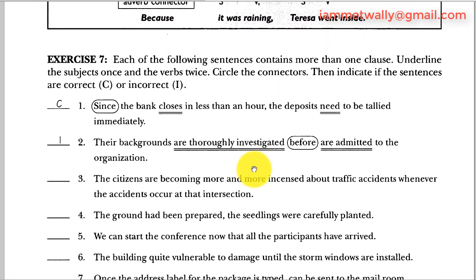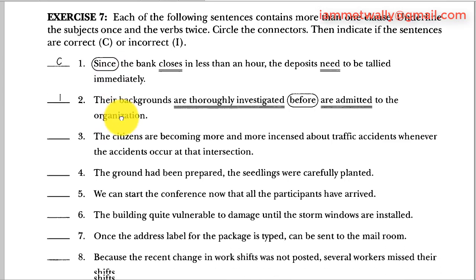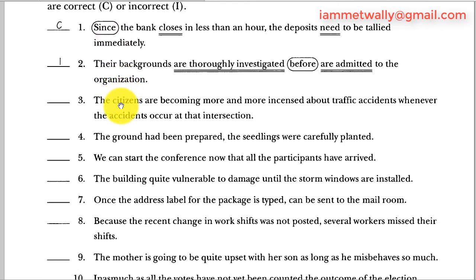Now let's go to the exercise. Exercise 7. Each of the following sentences contains more than one clause. Underline the subject once and the verb twice, circle the connector, then indicate if the sentences are correct, C, or incorrect, I. 1 and 2 are already solved, so let's go to 3. The citizens are becoming more and more incensed about traffic accidents whenever the accidents occur at the intersection.